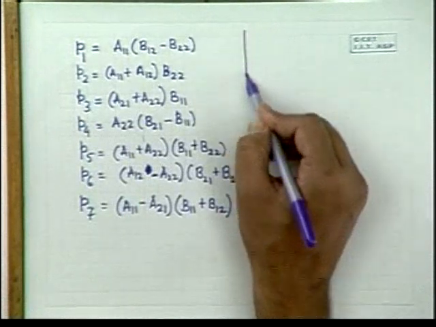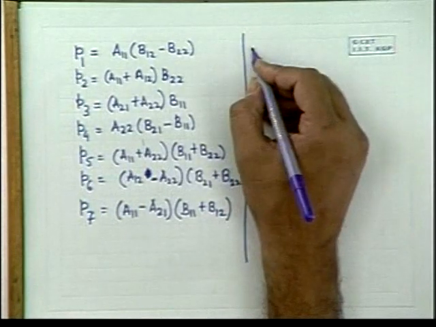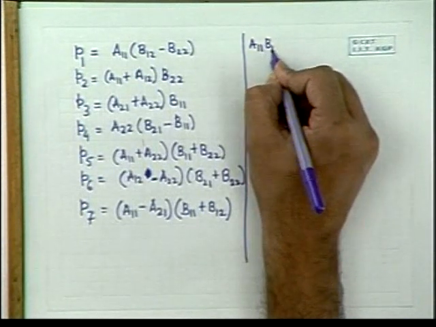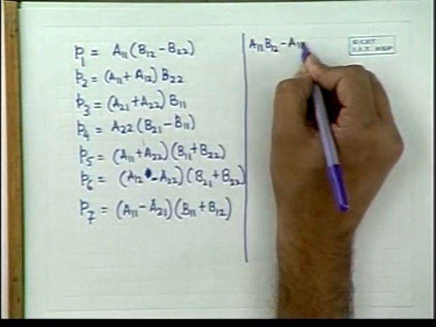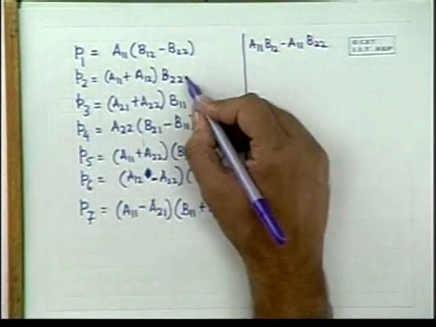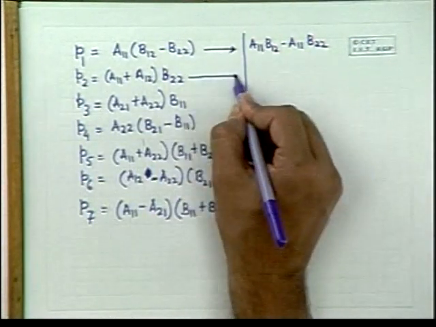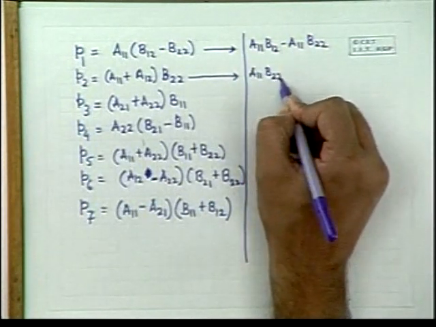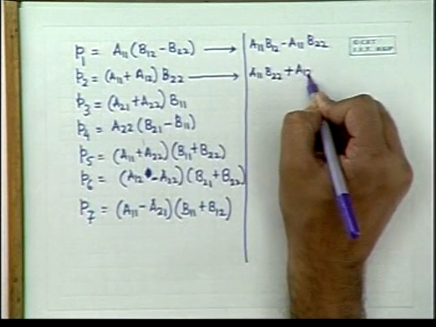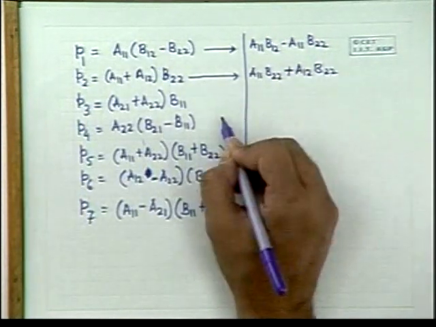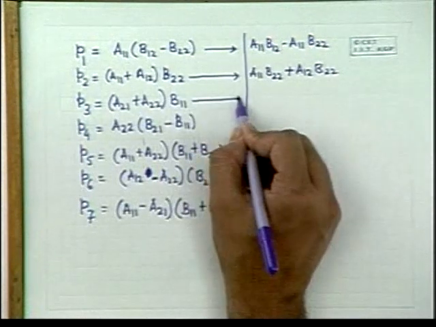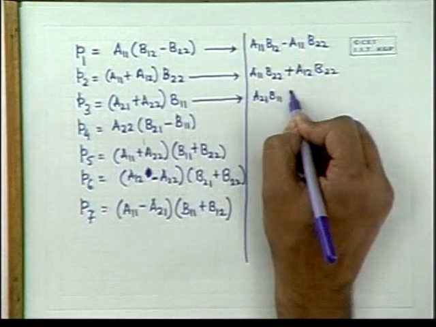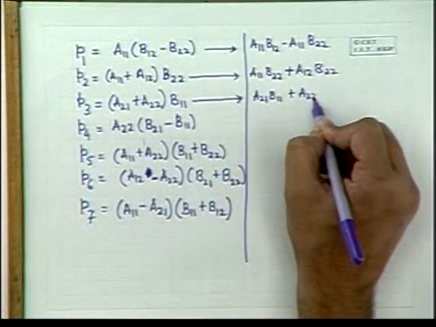And if I just see what these quantities are, I am going to write it here. We are just going to verify something. P1 gives A11 B12 minus A11 B22. P2 gives A11 B22 plus A12 B22. P3 gives A21 B11 plus A22 B11.